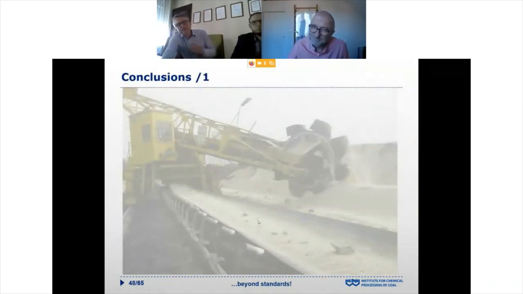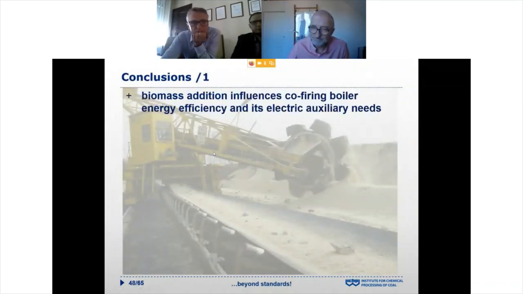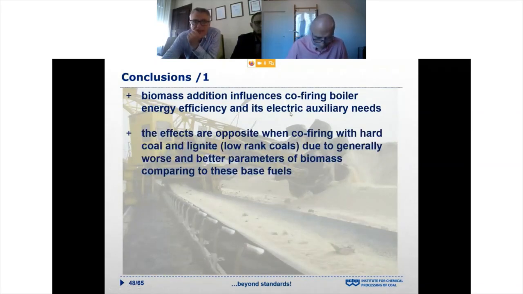Let me then draw some conclusions. When we have biomass addition, we influence the co-firing boiler energy efficiency and its electric auxiliary needs. And the effects are opposite when we are co-firing the biomass with hard coal and lignite, which is low-rank coal.